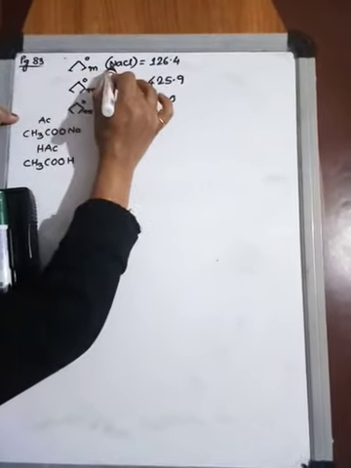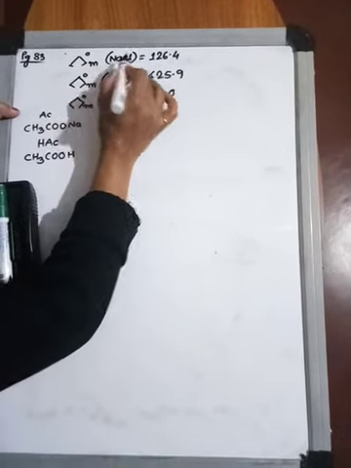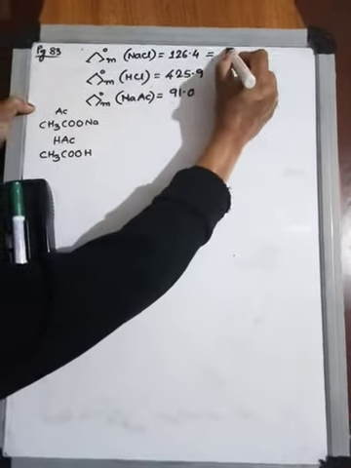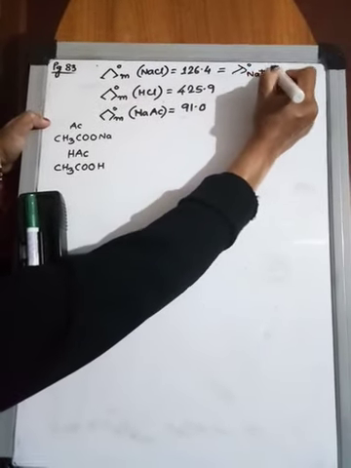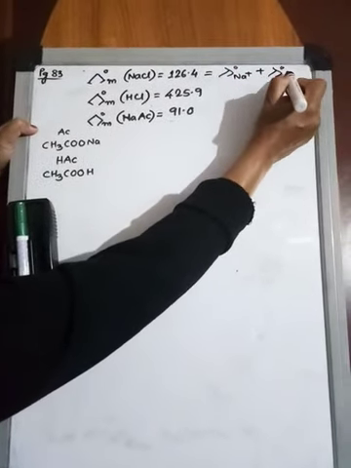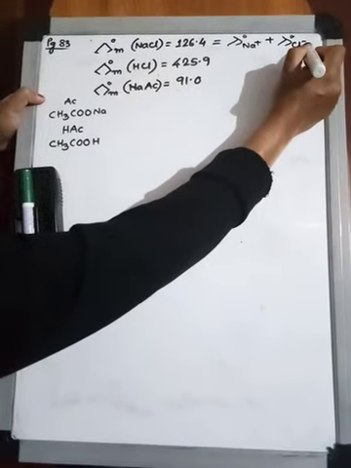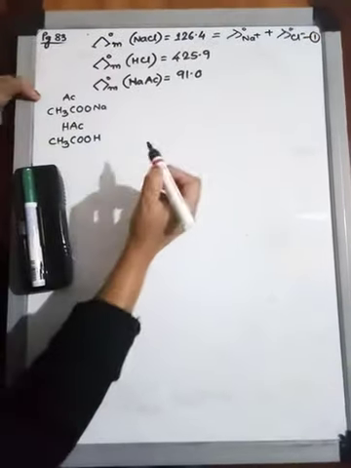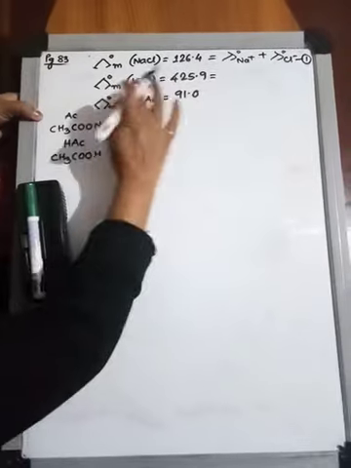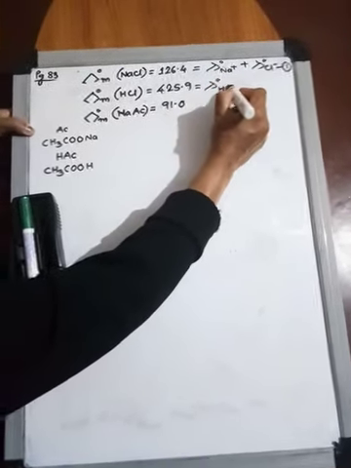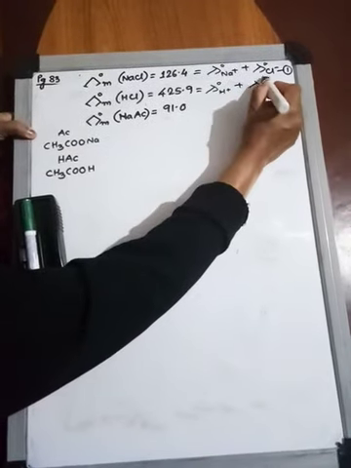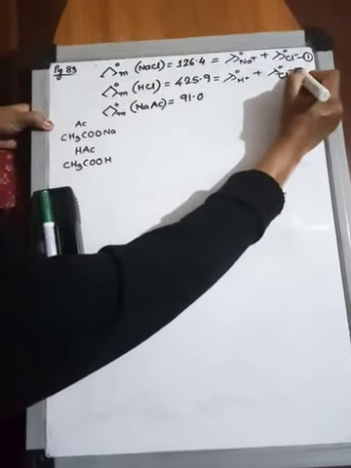So if the lambda 0 m of NaCl we want to calculate, it means it is lambda 0 of Na plus lambda 0 of Cl minus. So let us put this as equation 1. If it is HCl, HCl gives to us lambda 0 H plus, this is the ion, and lambda 0 Cl minus, this is the other ion.